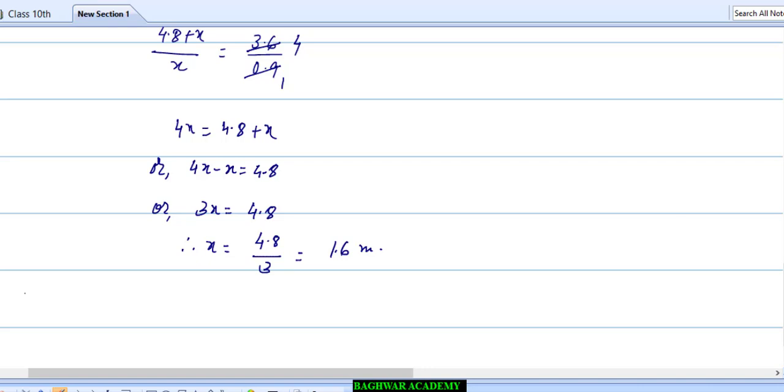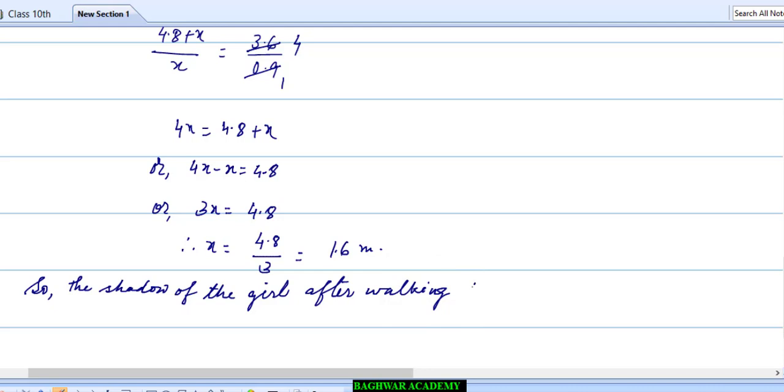So the shadow of the girl after walking for 4 seconds will be 1.6 meter long, and this is your answer.